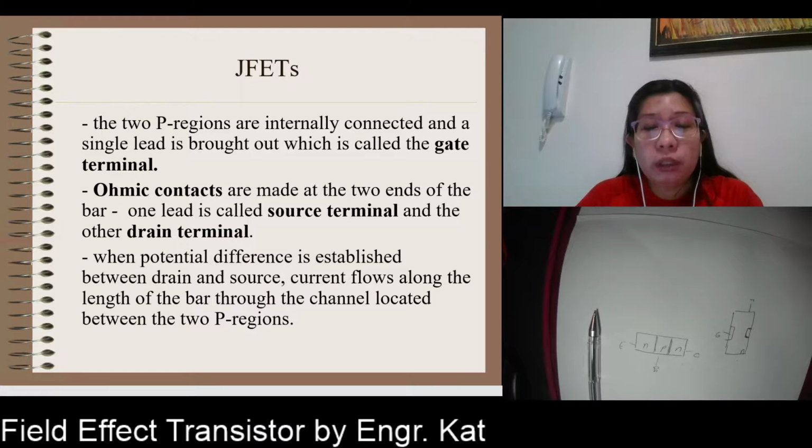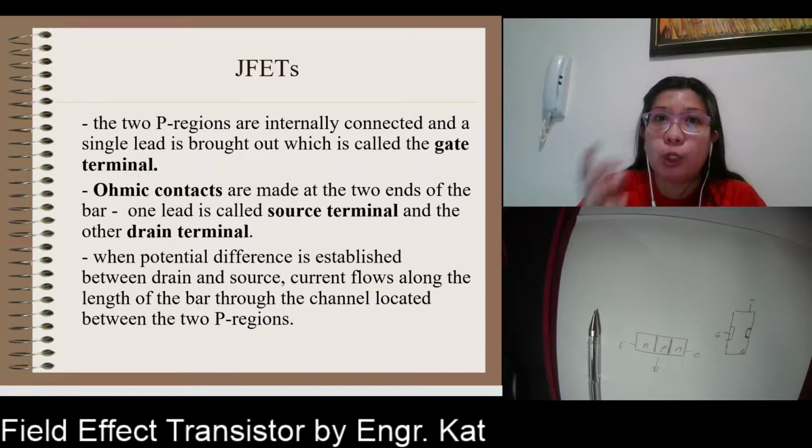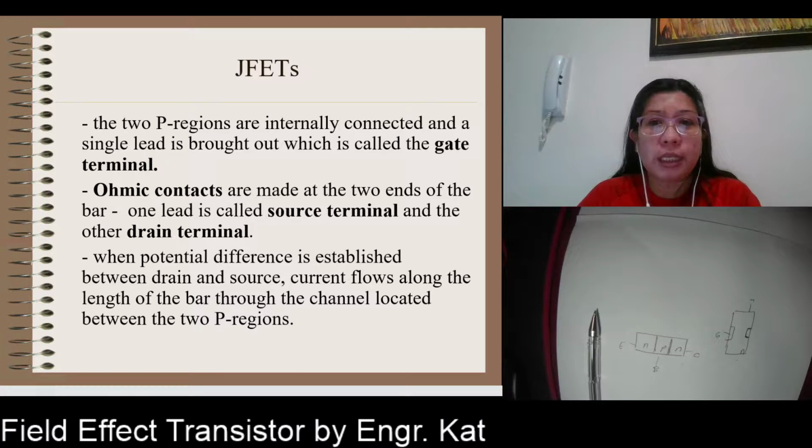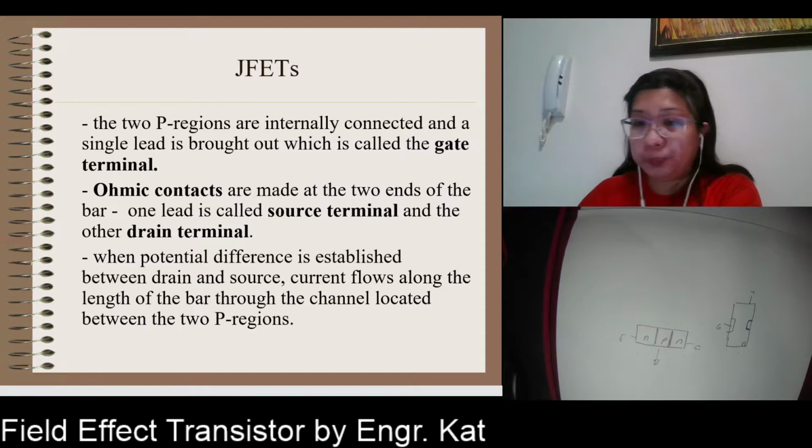So when a potential difference, what do we mean by potential difference? When we apply biasing, when we apply source voltage, and a potential difference is established between the drain and the source, current flows along the length of the bar through the channel located between the two P regions.